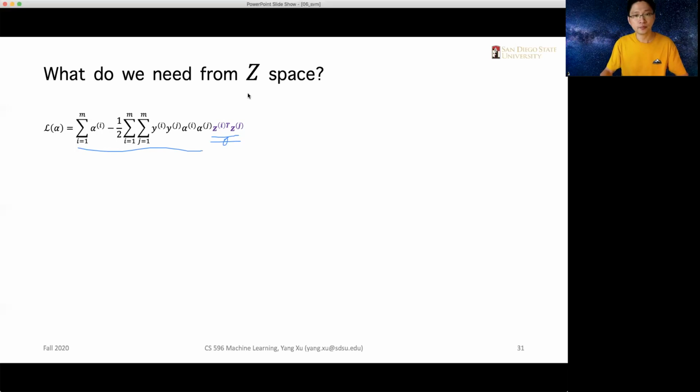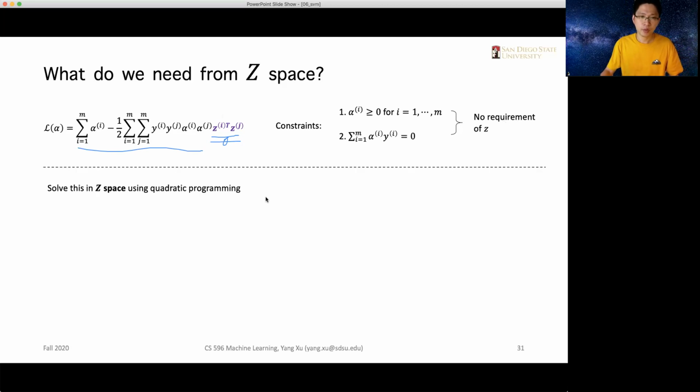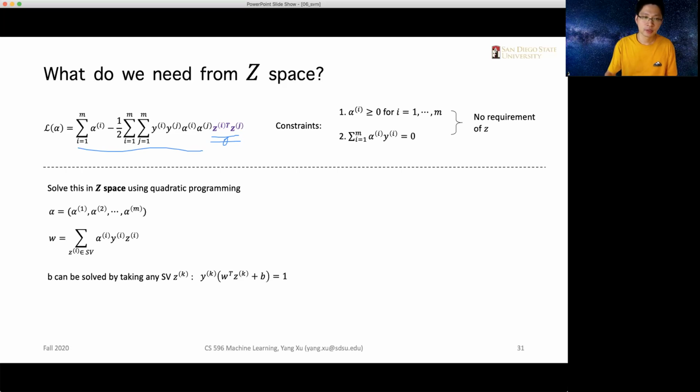For example, here is the Lagrangian we want to construct. All we need to know is the dot product between Zi and Zj. And the constraints have no requirements on Z. So we can solve in the Z space using quadratic programming, like what we did in the X space.